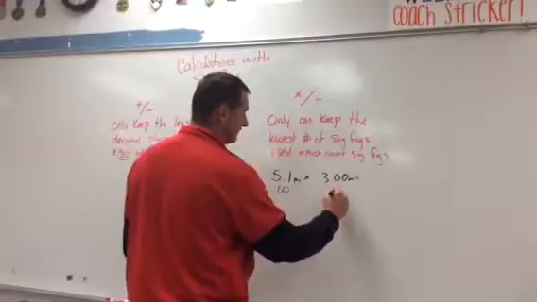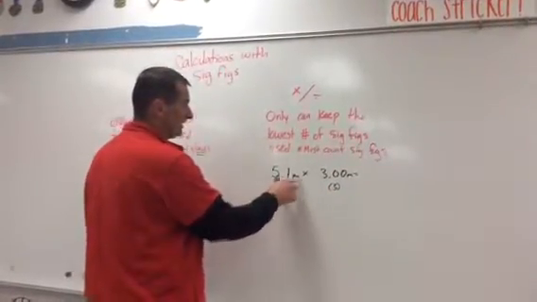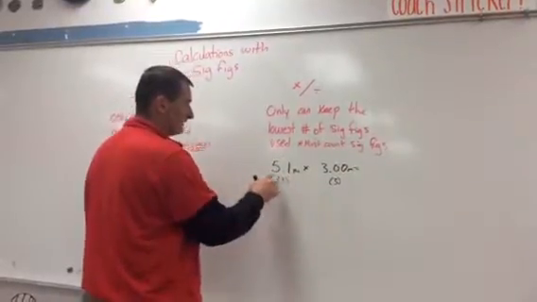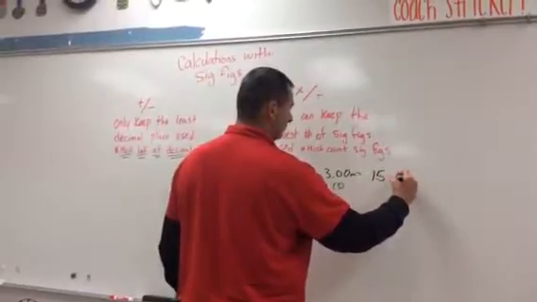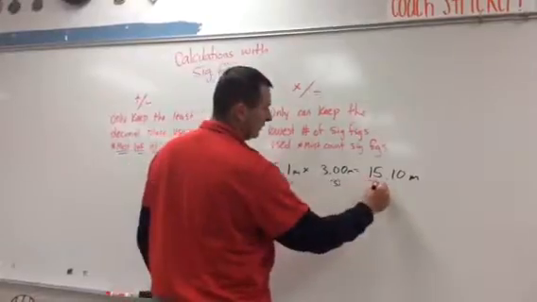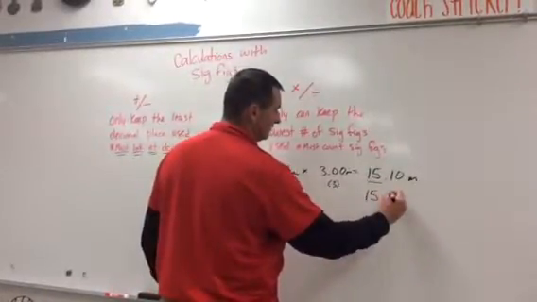This has 4 significant figures. So my answer can only have 2. It doesn't have anything to do with the decimal place. It has everything to do with how many sig figs you have. So 5.1 times 13.00 is going to be 66.3 meters squared, but I can only keep 2 significant figures, so my answer is 66 meters squared.